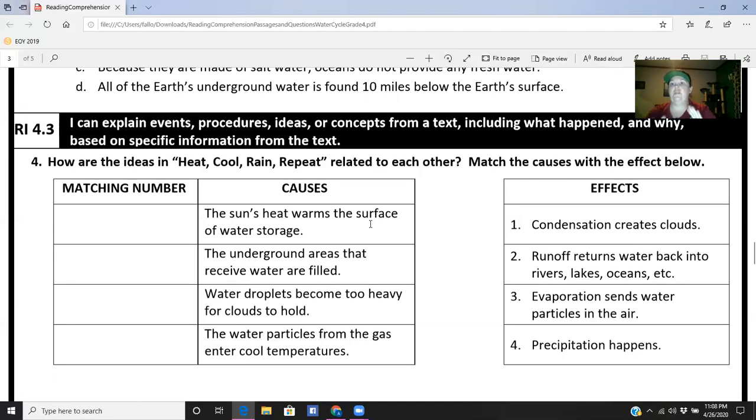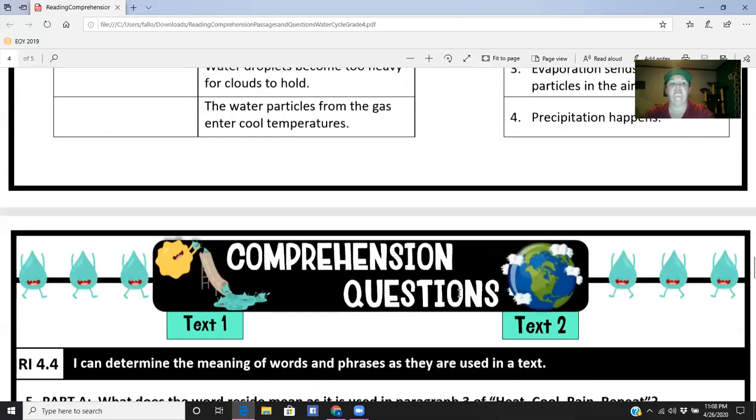So a lot of times we mix these up, cause and effect. So a cause is why something happens, and the effect is what happens because of it. So I want you to think about that as you're going through and matching these up. Think about what happened as the effect, and then why it happened as the cause. So think about that as you're going through it.